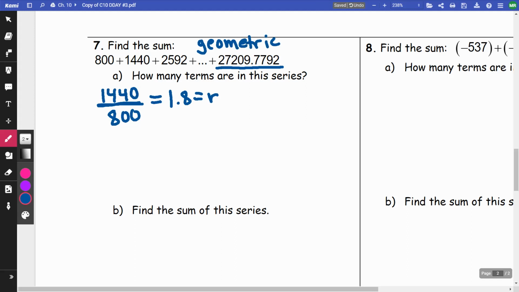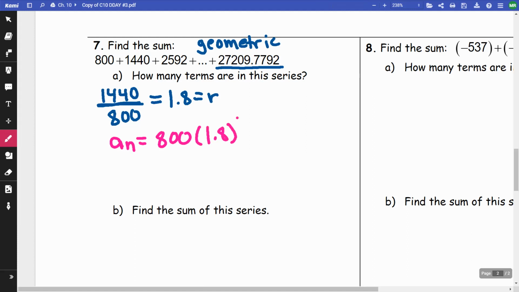So they want us to know how many terms are in the series. So I want to write an equation for a sub n. And a sub n is going to equal 800 times 1.8 to the power n minus 1, because that 800 is my first term.